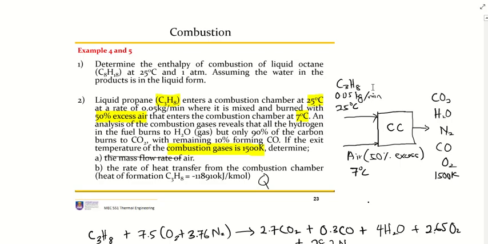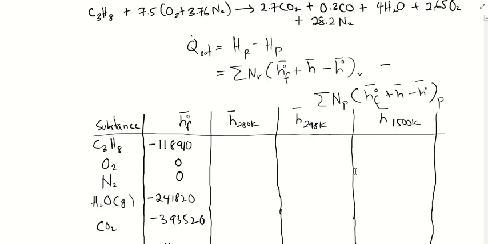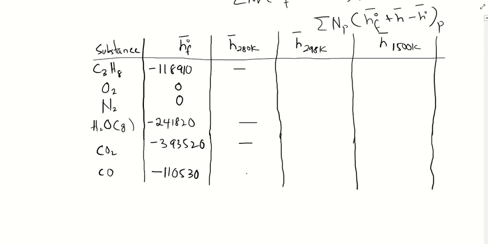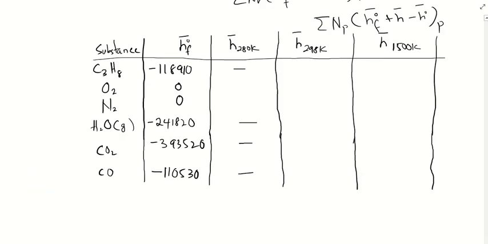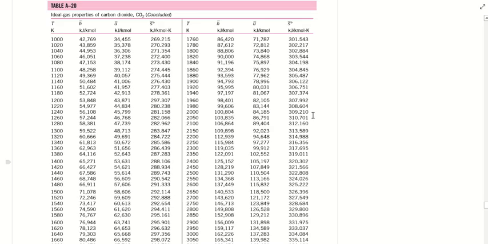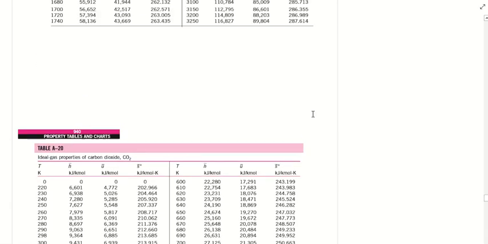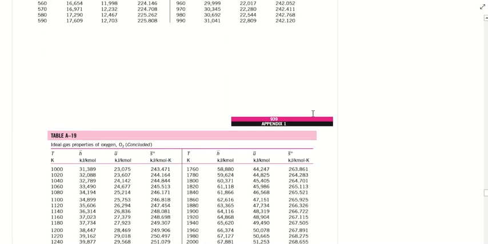Alright. Okay, for enthalpy at 280 Kelvin, which is air, only air is at 7 degrees C. So meaning there is no C3H8, no H2O, no CO2, as well as no carbon monoxide. Okay, so we just need to find the values for oxygen and nitrogen at 280 Kelvin. So for O2, we use the ideal gas properties for O2.